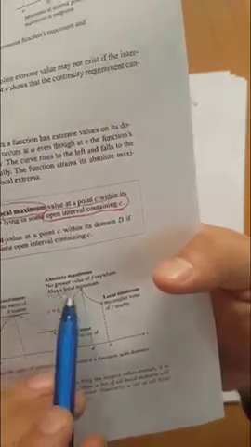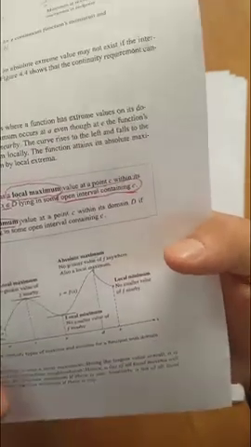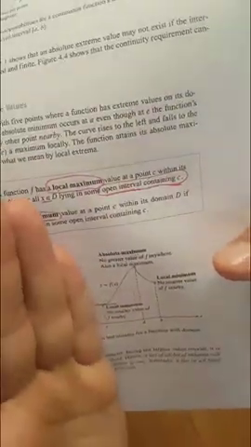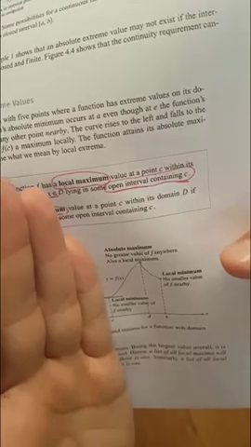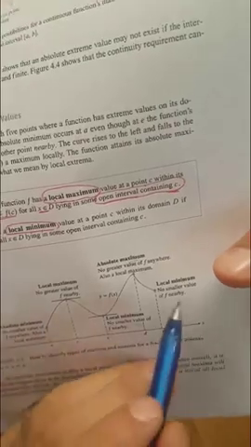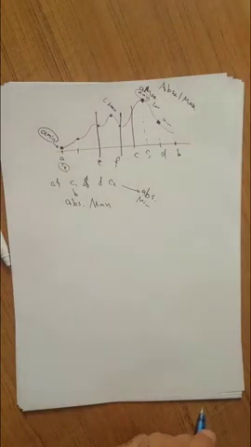Here you can see this is at the same time the absolute maximum and this is the absolute minimum, because this one is less than all the function, and this one is greater than all the function. But when you divide it into an interval, you can call it local. That's the difference between the two definitions.